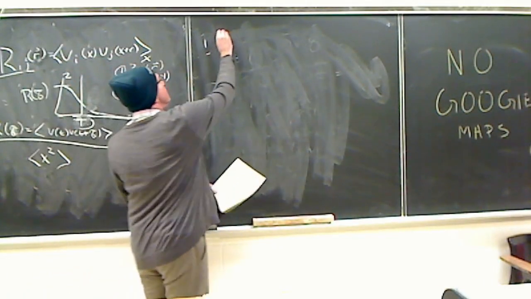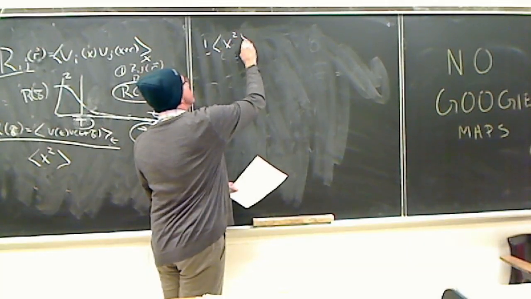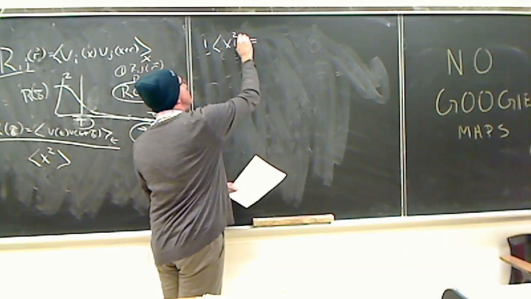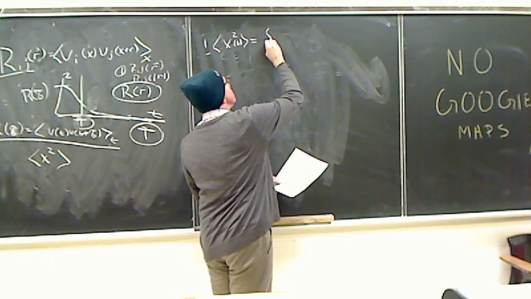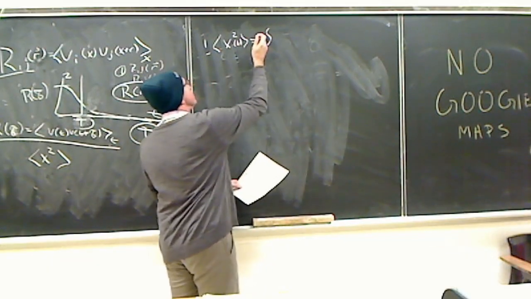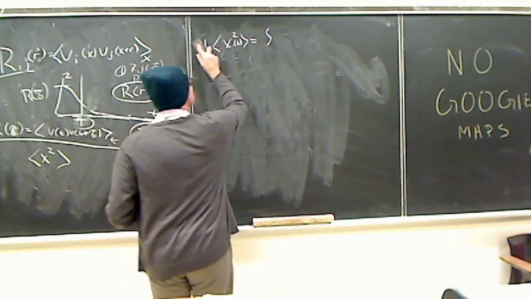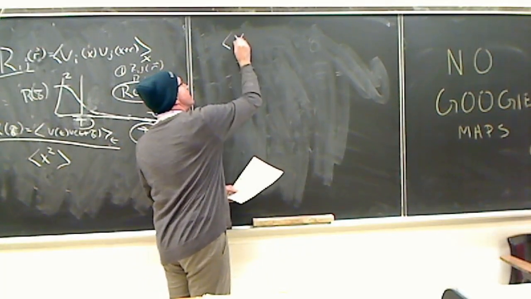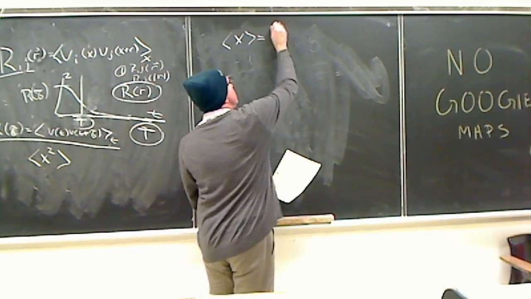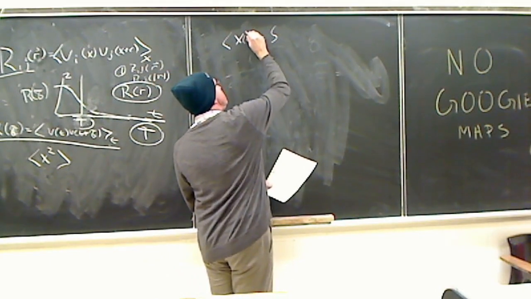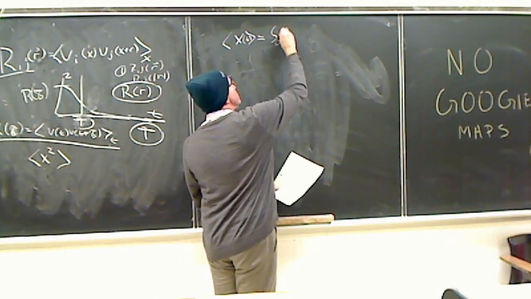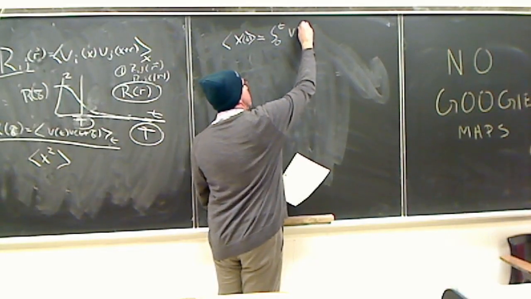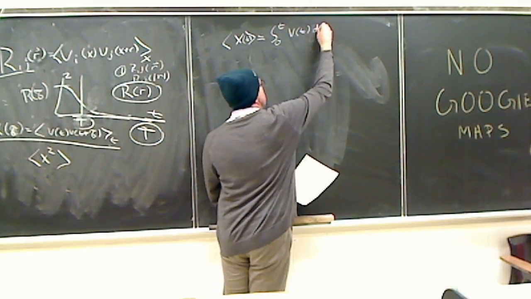Okay, so the average of x squared as a function of time is equal to the integral of, okay, let's do just one. Average of x as a function of t is equal to the integral from 0 to t of v of t prime, dt prime.